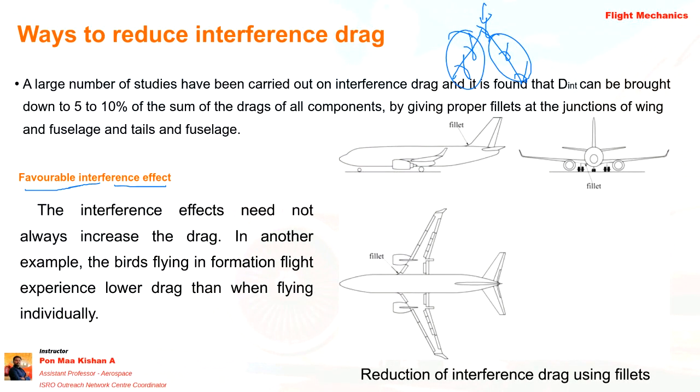Even though the flow around one bird interferes with the next flying bird, the interference gives an advantage to these birds in the form of reduced drag. So they don't need to provide that much thrust to move forward.